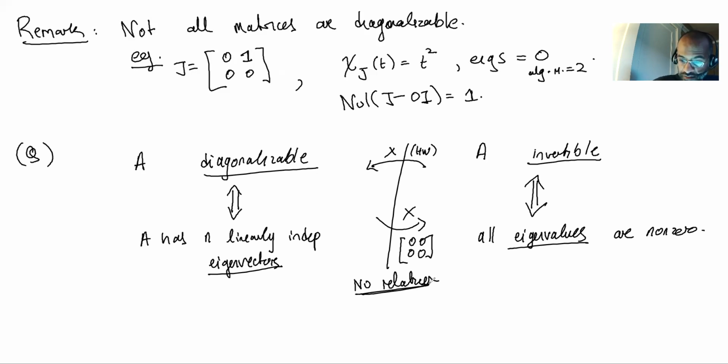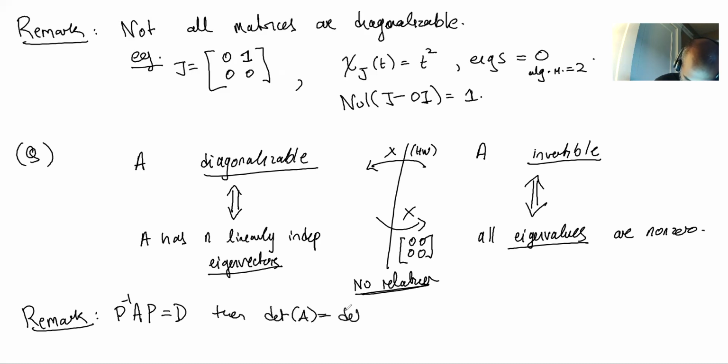Okay, here's an interesting remark which somebody mentioned in the chat. If A is similar to D, and the diagonal entries of D are the eigenvalues, then the determinant of A is equal to the determinant of P inverse times the determinant of D times the determinant of P. But again, these cancel, right?